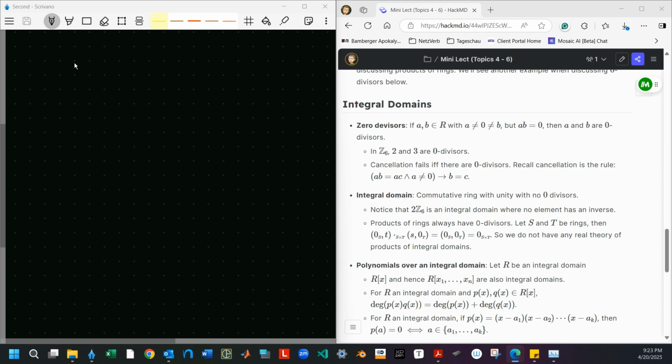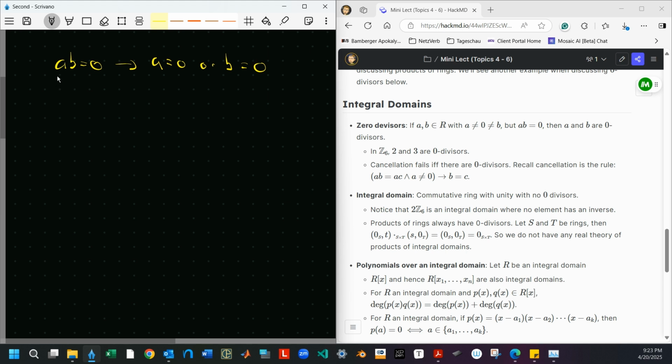And so a zero divisor is an element A, which isn't zero, but such that A times B is zero for some other element B that also isn't zero, right? So usually you have that AB equals zero implies A equals zero or B equals zero.